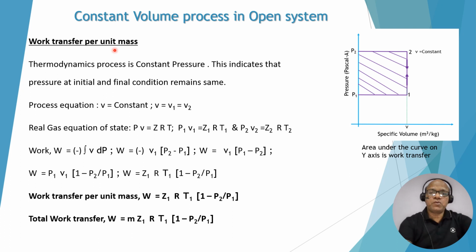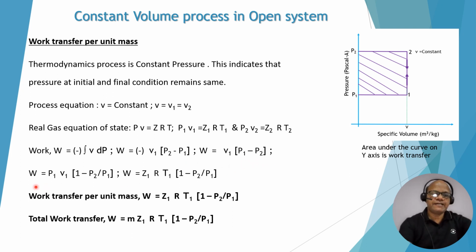Now constant volume process in open system. The area under the curve on the y-axis will be equal to work transfer. So volume is constant, V1 is equal to V2, and real gas equation PV is equal to ZRT. So P1V1 is Z1RT1, P2V2 is Z2RT2, and as per formula W is equal to minus V dP. Since V is constant, we write V(P2 minus P1), so we can write V1(P1 minus P2).